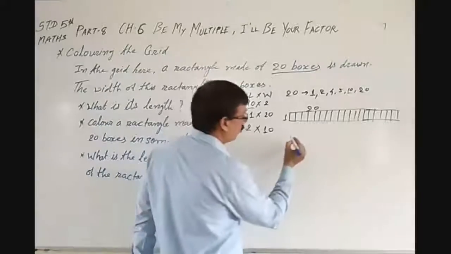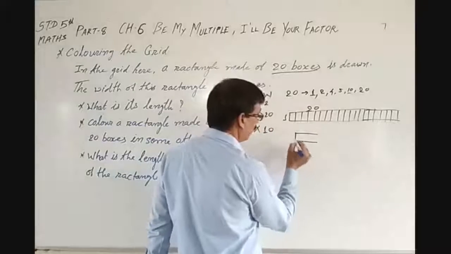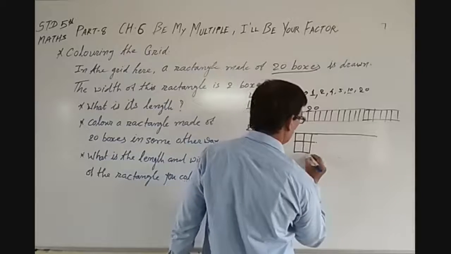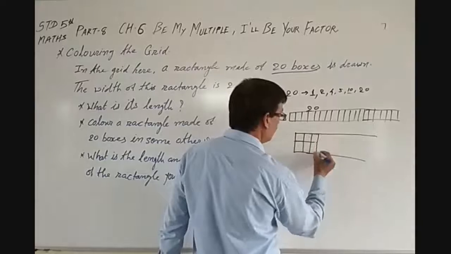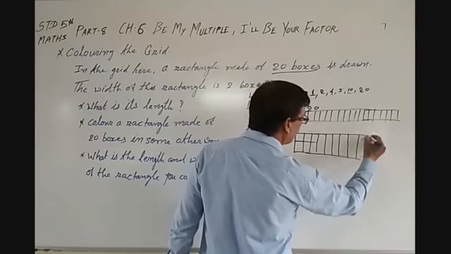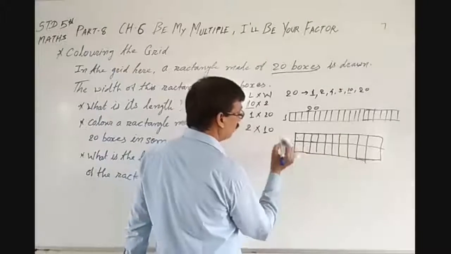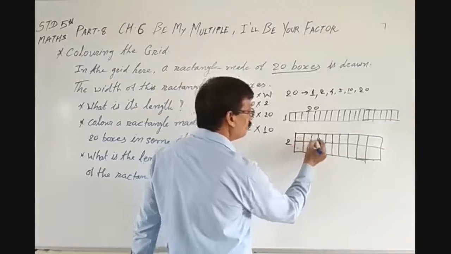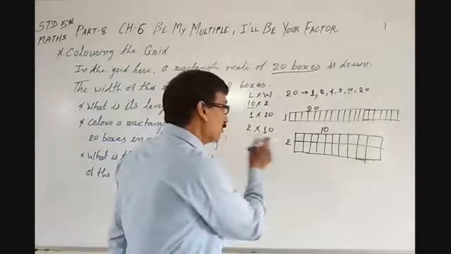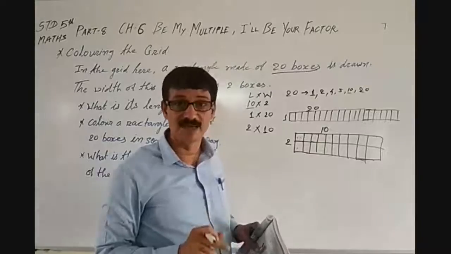So if length is 2, then 1, 2, 3, 4, 5, 6, 7, 8, 9 and 10. See, length is 2, width is 10. So this is one more rectangle. You can draw over here and you will have to color with a different color.